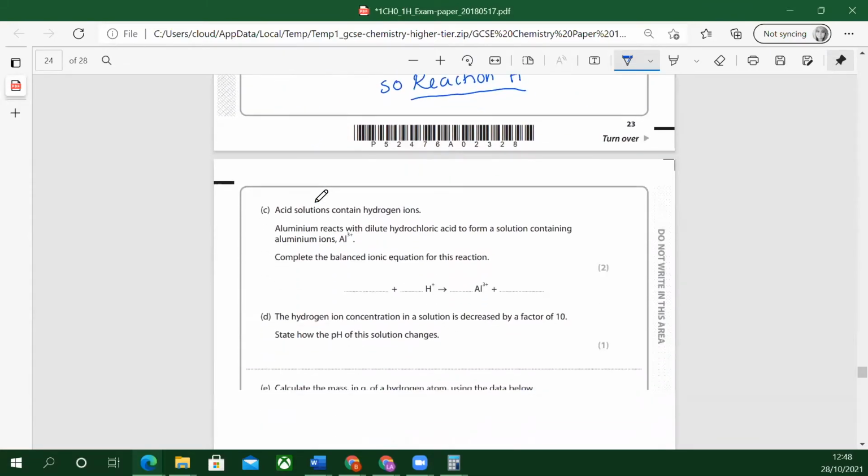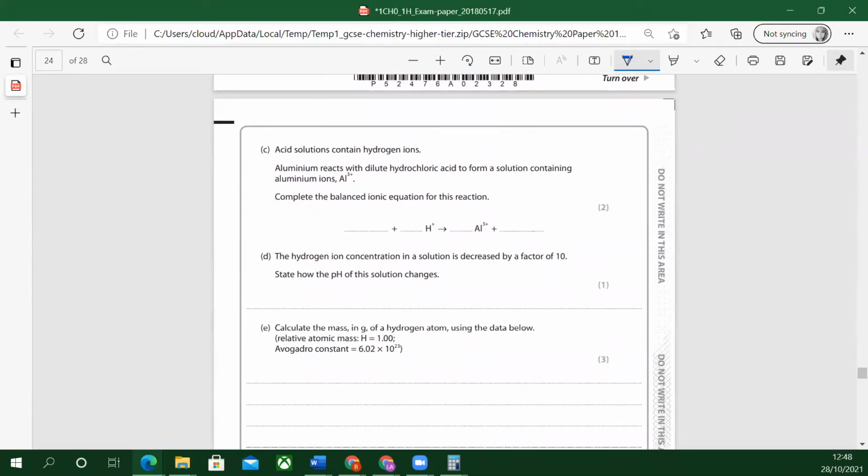Okay, so C: acid solutions contain hydrogen ions. Aluminium reacts with dilute hydrochloric acid to form a solution containing aluminium ions, Al3+. Complete the balanced ionic equation for this reaction. So aluminium reacts with hydrochloric acid.